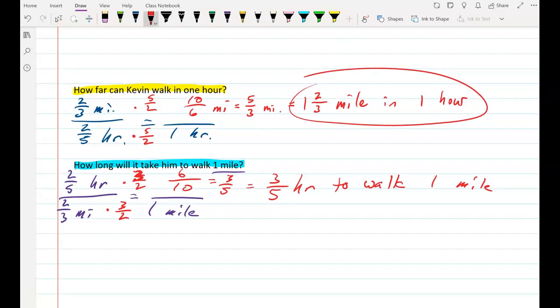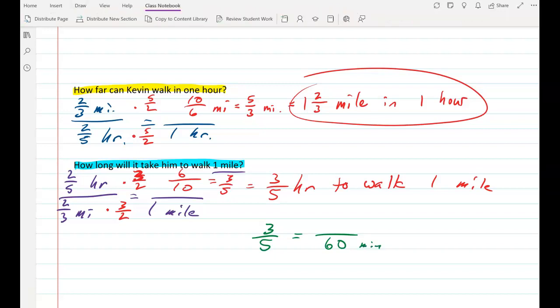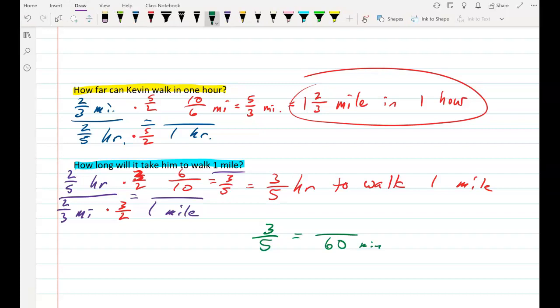Well, that would require us to set up another proportion. 3/5 of an hour equals how many minutes? Well, there are 60 minutes in an hour, right? So this is 3/5 of an hour. There are 60 minutes in an hour. How do I get from 5 to 60?